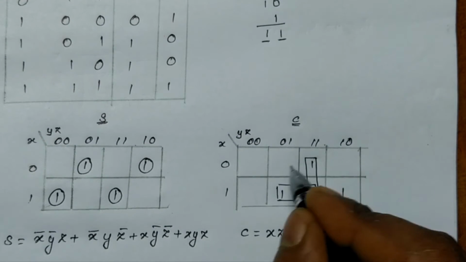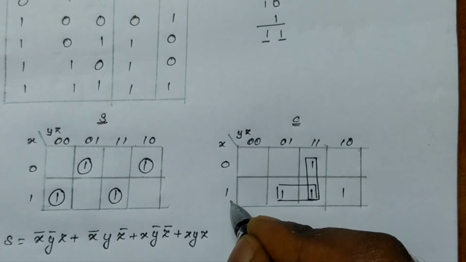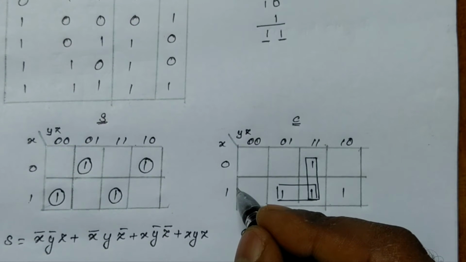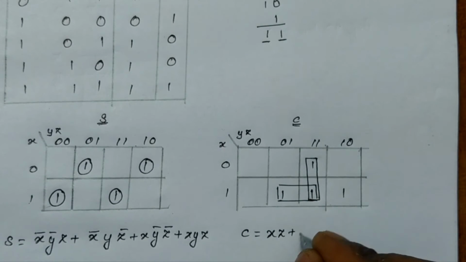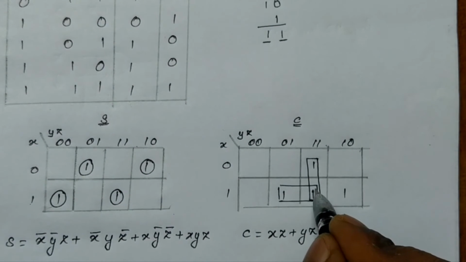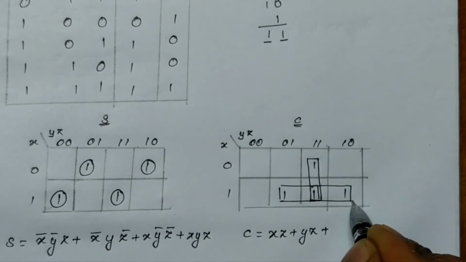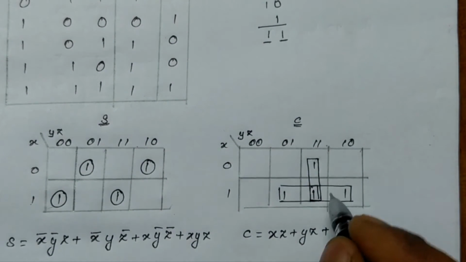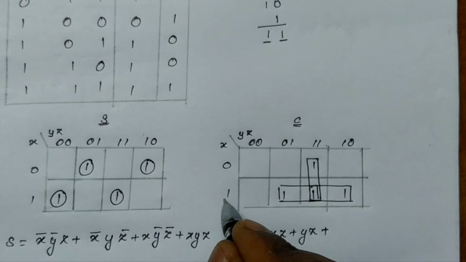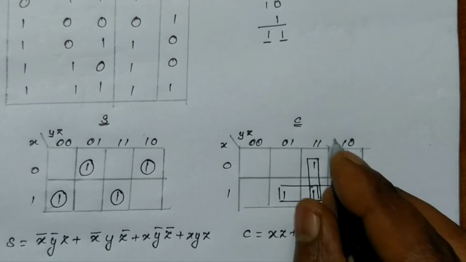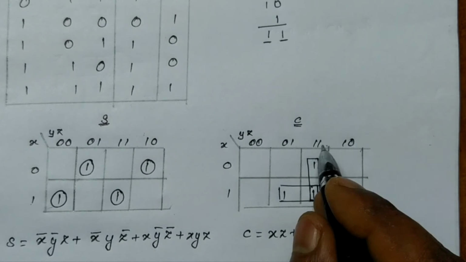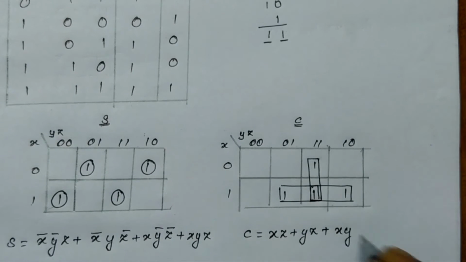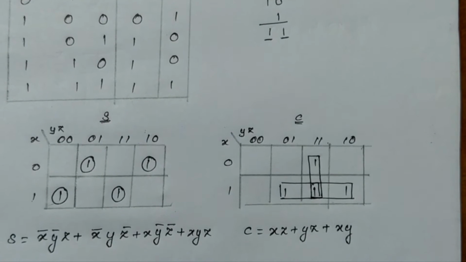Here we can make a pair. On the left side 2 columns, and here the x value changes from 0 to 1, therefore it is neglected, and here y is equal to 1, z is equal to 1, therefore y z plus, here we are having the last pair, we can overlap and make it a pair. So on the left side x is equal to 1, therefore it's x, and at the top here y value is 1 but z value changes from 0 to 1, therefore it gets neglected, so we write the value as x y.